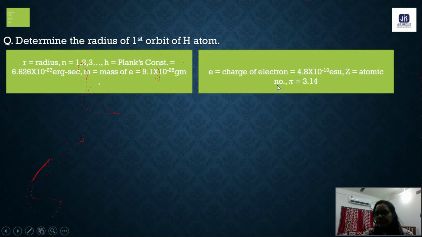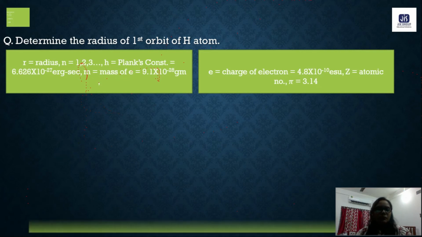Z is the atomic number and pi is 3.14. That all we know.